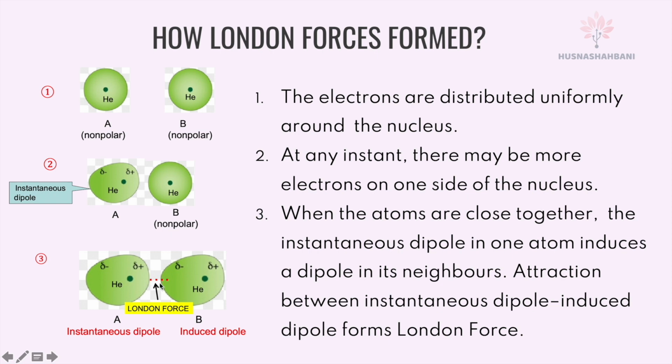So this is how London force forms between nonpolar atoms, because nonpolar atoms have no slightly negative or slightly positive charge. It becomes an instantaneous dipole by the random movement of electrons. The electrons move randomly, at some point making one side slightly negative and one side slightly positive, and it influences other atoms to be like it as well. And then when both become dipoles, they will attract.